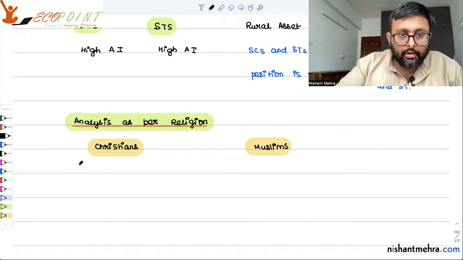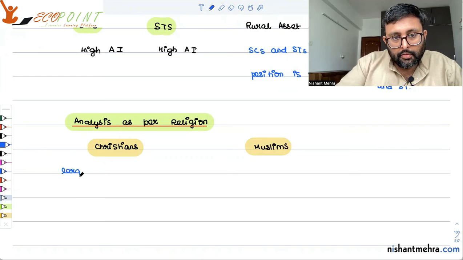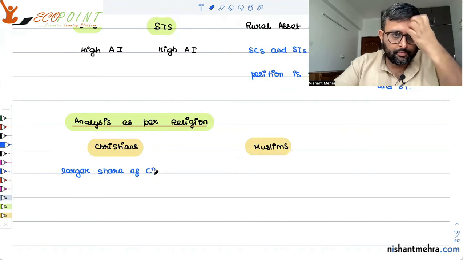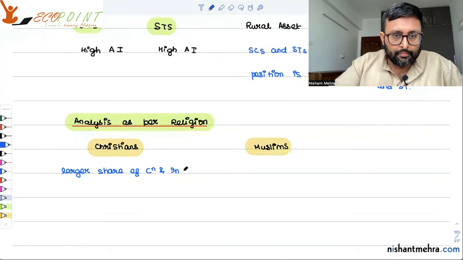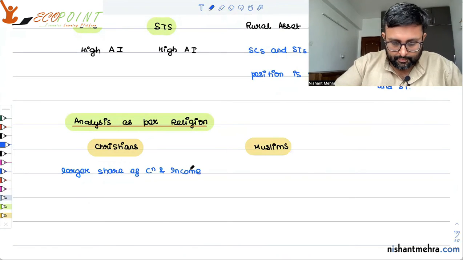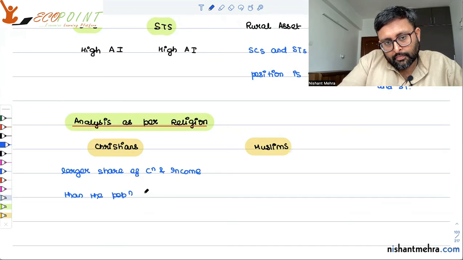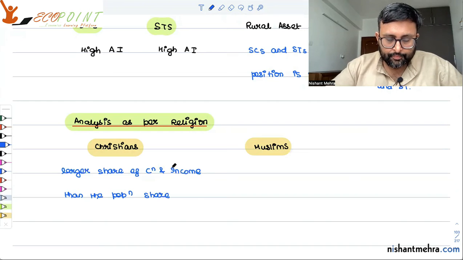They have a larger share than the population share.